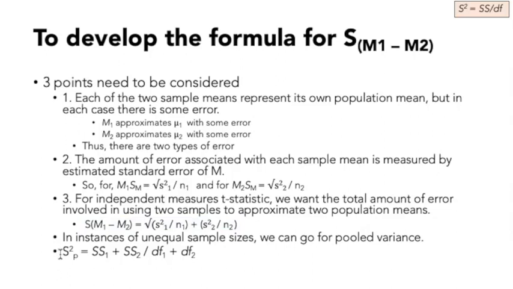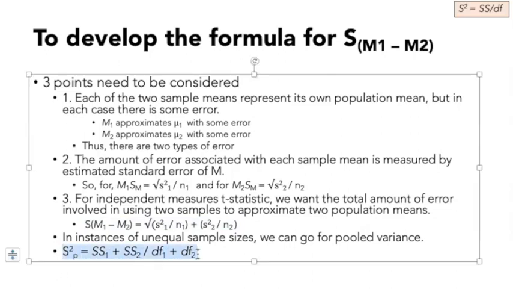Okay, so what we have to do in that kind of instance is to go for the pooled variance. Now, if you have equal sample sizes, you can still do this as well. But if you have unequal sample sizes, as a practice, you can go for pooled variance.